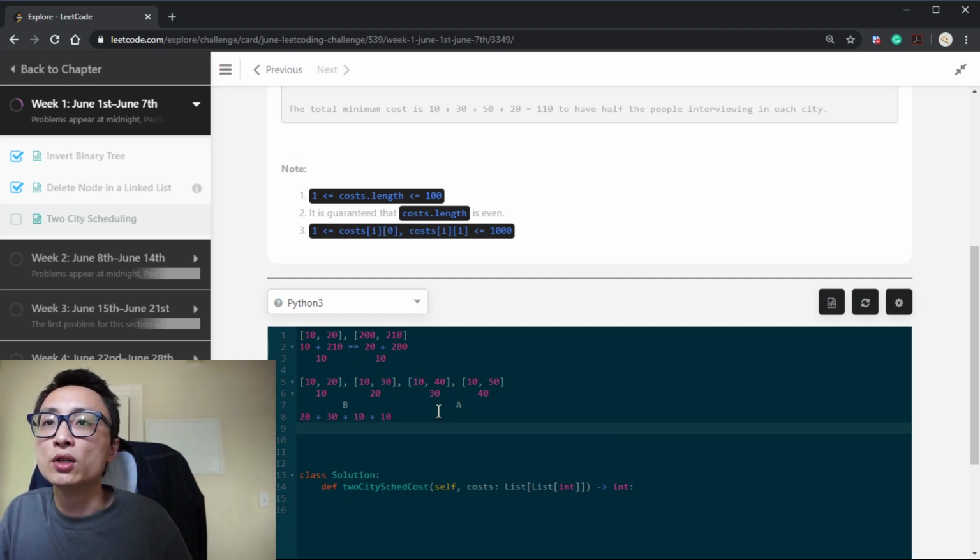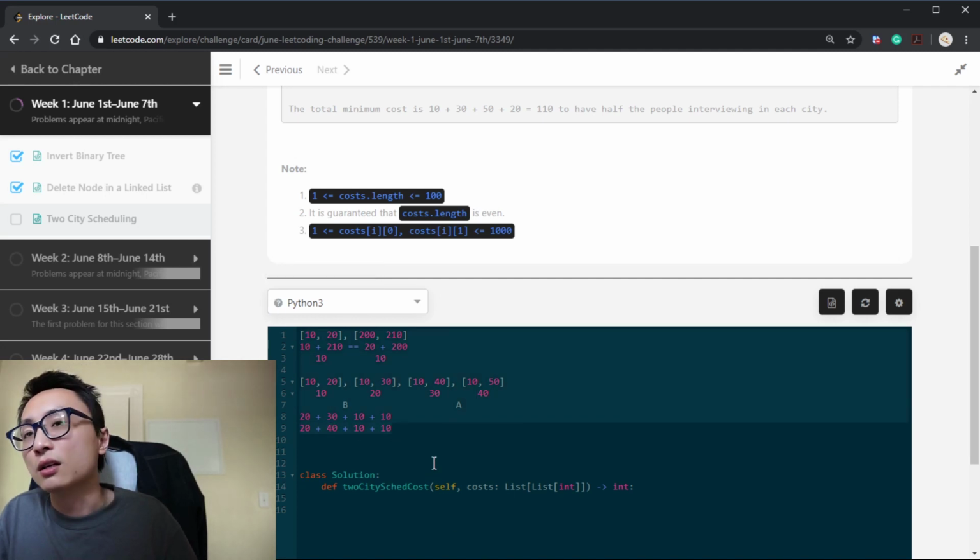The cost will become 20 plus 40 plus 10 plus 10. So it will be 10 more than if we don't swap. The reason is that since the differences are sorted, if we do a swap, the cost is going to increase by the difference here. You notice 30 subtracted by 20, that's exactly the difference between the 30 and 40.